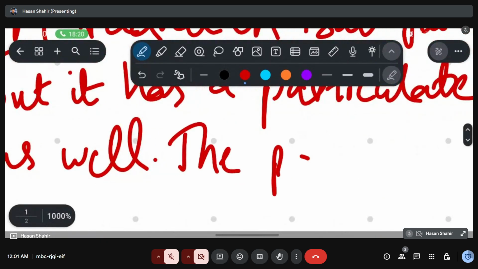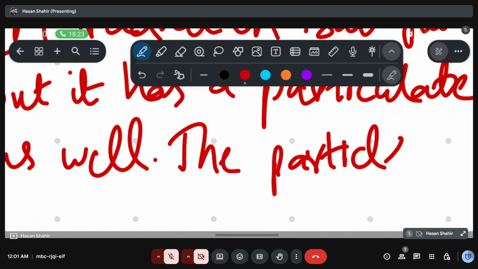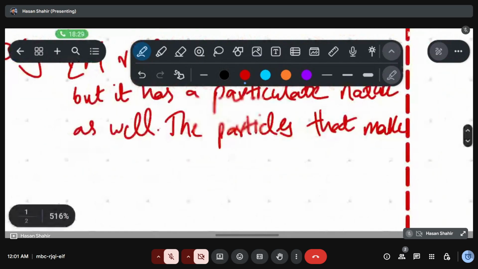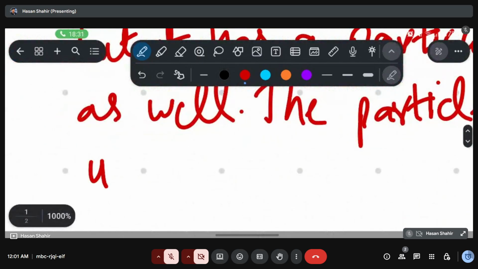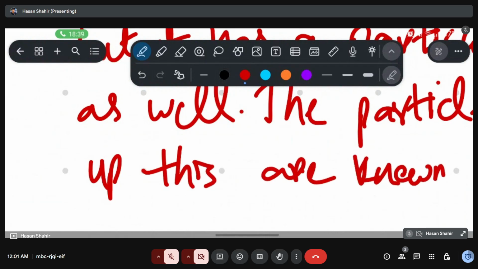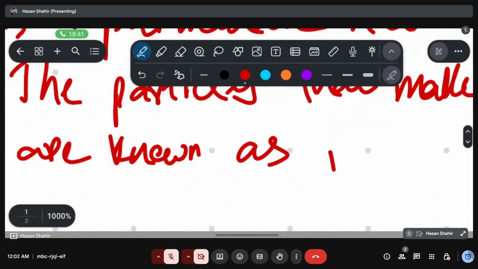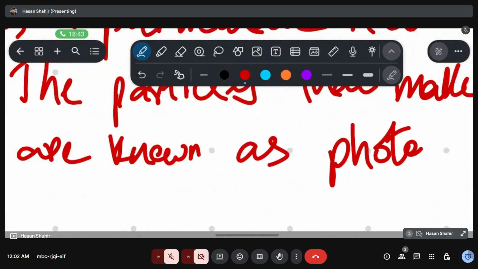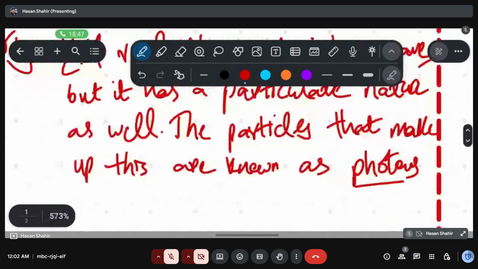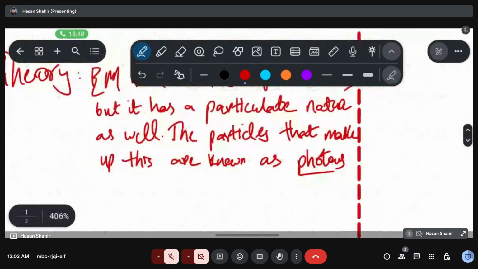The particles that make up this are known as photons. So, as you've guessed it, this is going to be our main focus of this topic.